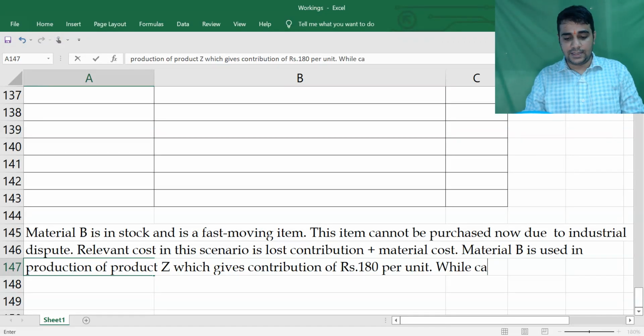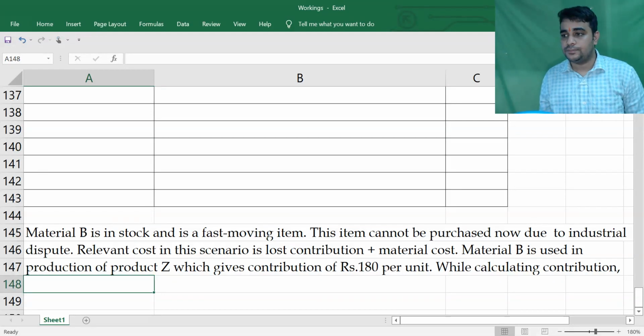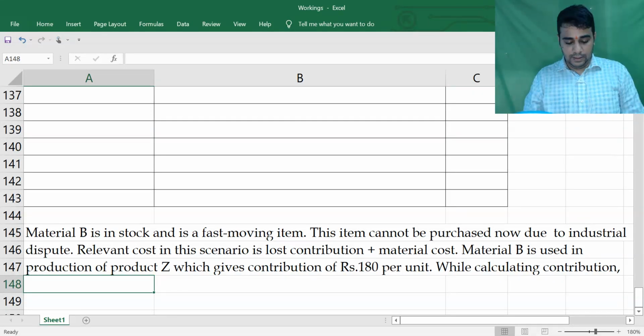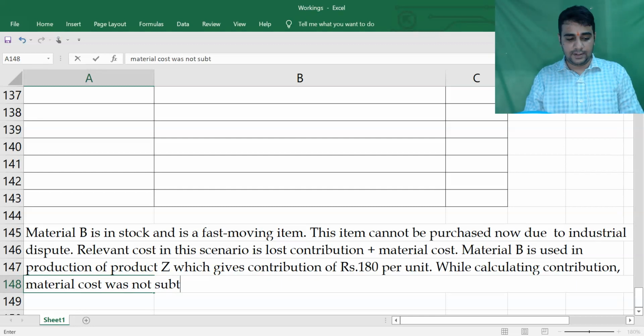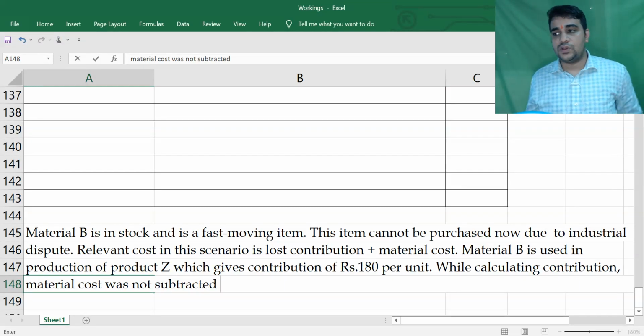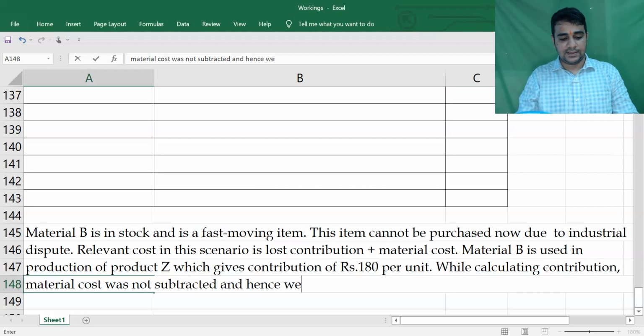While calculating contribution, material cost was not subtracted, and hence we shouldn't add it back.